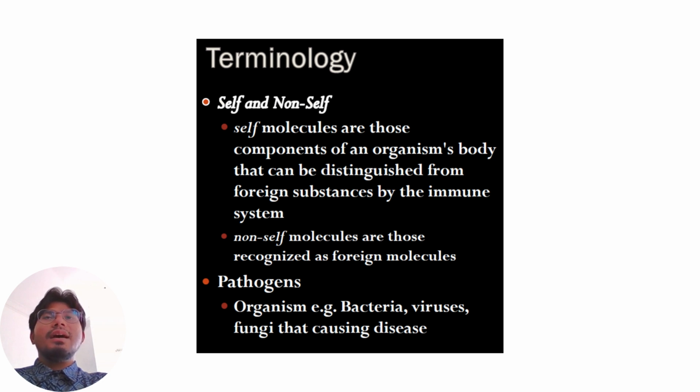Self is a protein or substance that is considered the body's part, while non-self is a non-body part, which sometimes can elicit immune response. Pathogen. Pathogens are organisms, okay, for example, bacteria, viruses, fungi, worms, and etc.